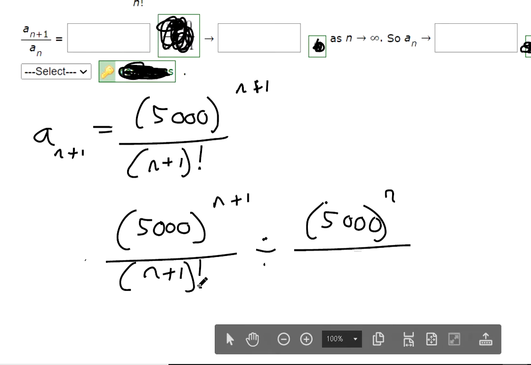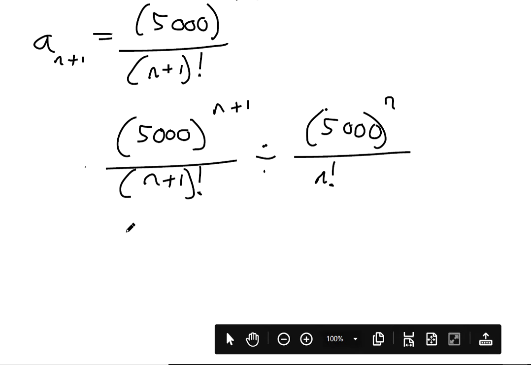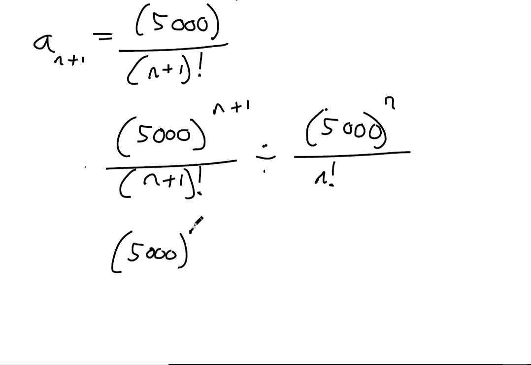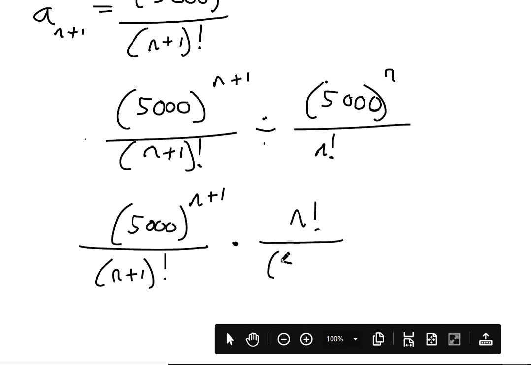Oh, I dropped my factorial. So what you want to do is flip and multiply the second fraction. So flip and multiply, and then we can do some expanding and some cross-canceling.